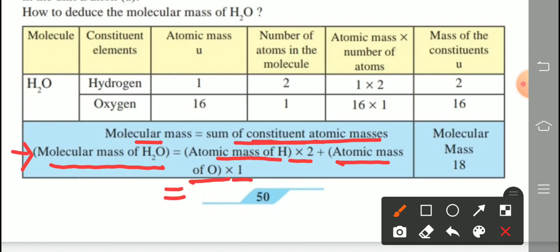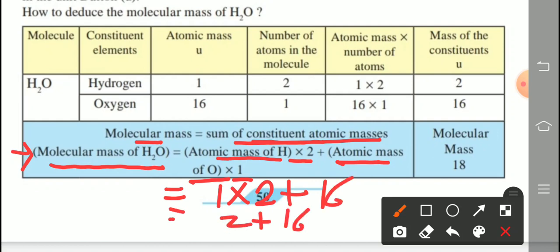Substitute the value. So it is equal to the atomic mass of hydrogen, 1, multiplied by 2, plus the atomic mass of oxygen, 16. So 1 multiplied by 2 means 2, plus 16. So what is the answer? The answer is 18, which we write as 18 Dalton. Clear?